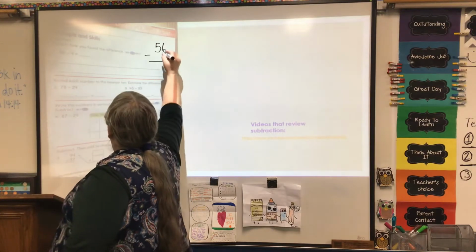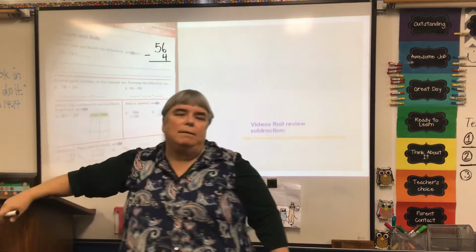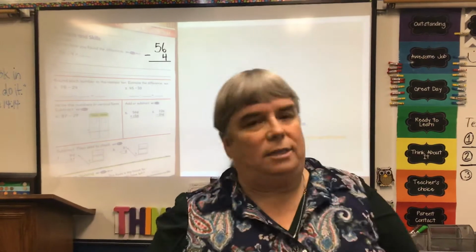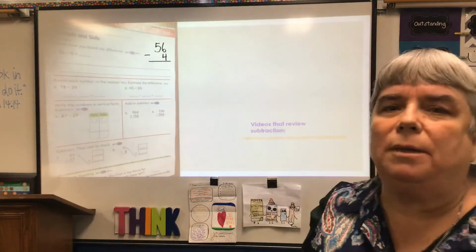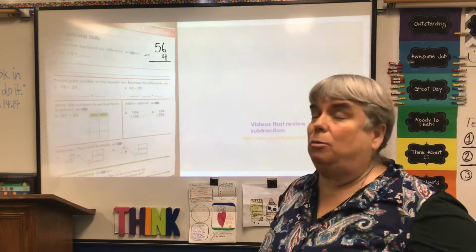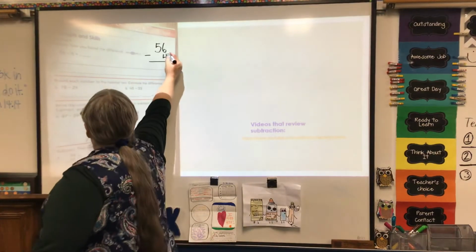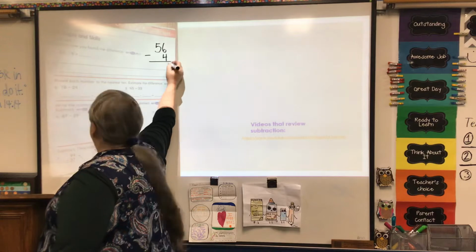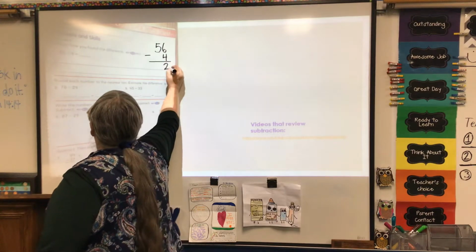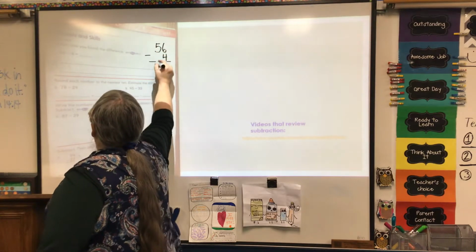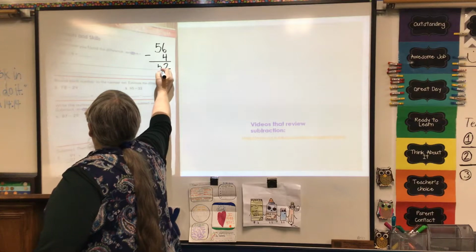So I'm going to say, hey, there's more on top, time to stop. So I don't have to go and regroup anything at all. So 6 take away 4 is going to give me 2. 5 take away nothing is 5.